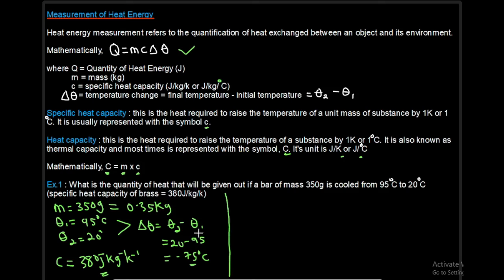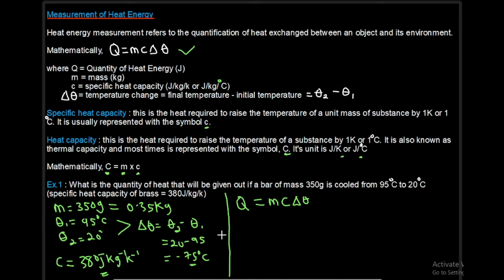They asked, what is the quantity of heat? You're looking for Q that will be given out if a bar of this mass is cooled from 95 to 20. They give us the specific heat capacity, so we go to our equation that relates quantity of heat with specific heat capacity: Q equals mc delta theta.